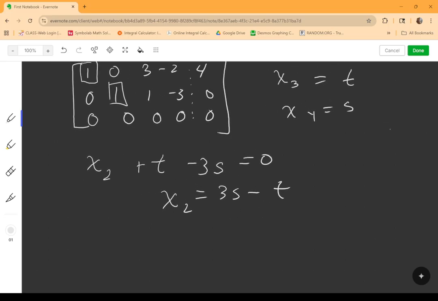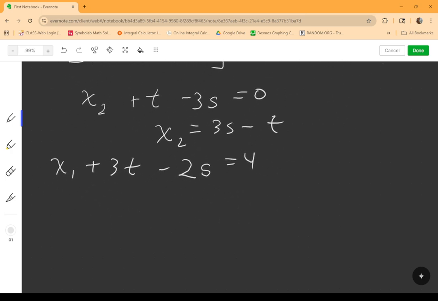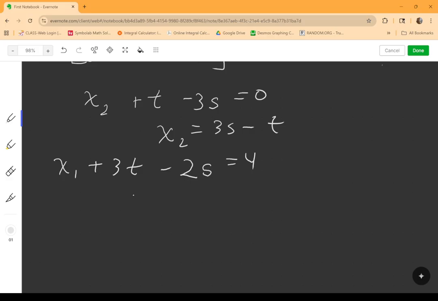And now looking at row 1, we get x1 plus 3x3, which is t, minus 2x4, but that's s, equals 4. Okay, and then again, solving for x1, we get 4 plus 2s minus 3t. All right.